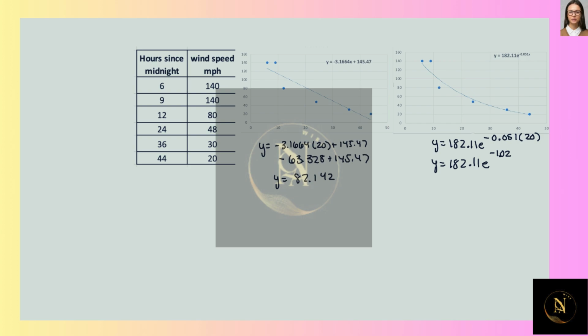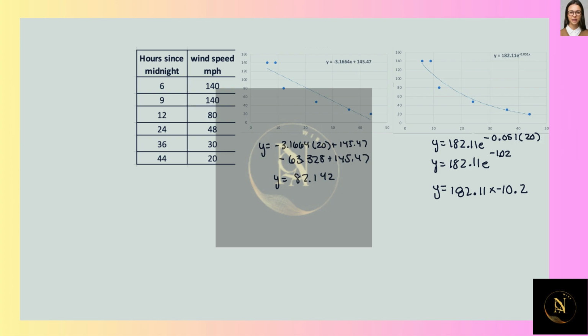Then what I would do is y equals 182.11 times e to the negative 1.02.